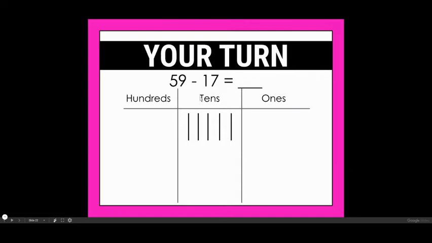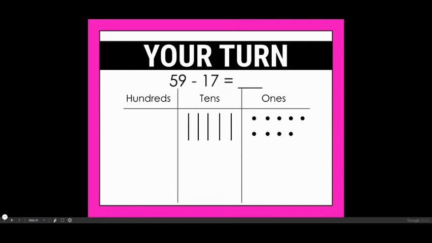Are there any ones in 59? There are 9 ones, so let's draw our 9 ones as little circles. 1, 2, 3, 4, 5, 6, 7, 8, 9.